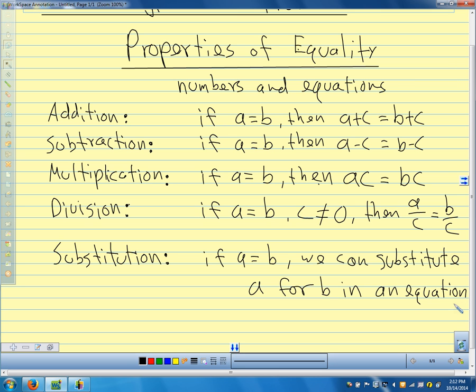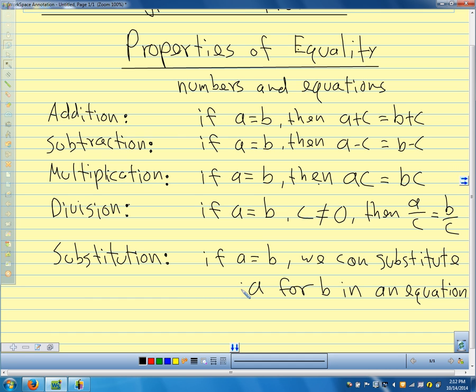So the substitution property tells me that I can plug something in place of something else that is equal to it. So these are the things that we use a lot when we solve equations.